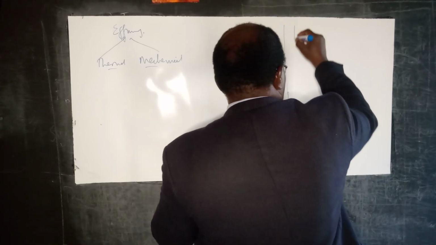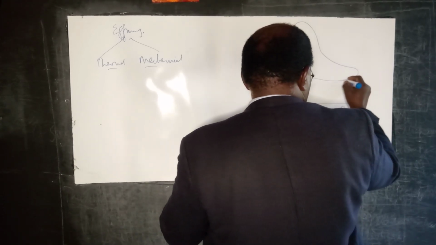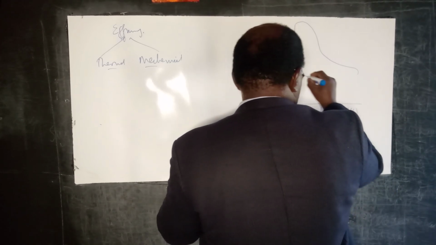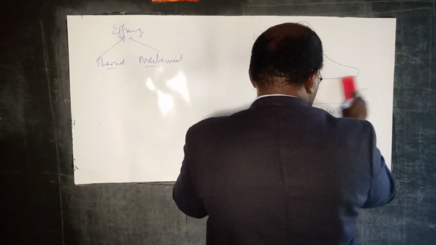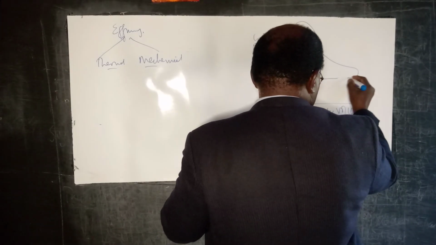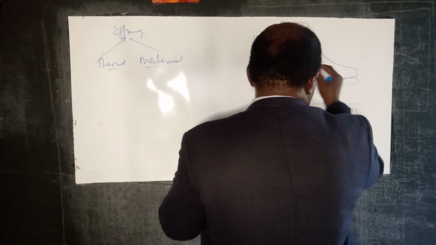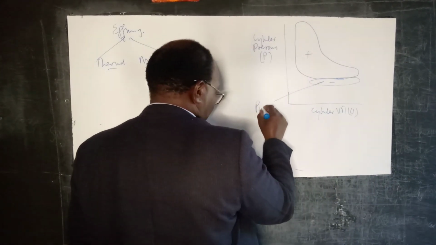So we have our system. It's just a sketch, but you're now familiar with them. We have this knob here. This knob is associated with pumping loss.